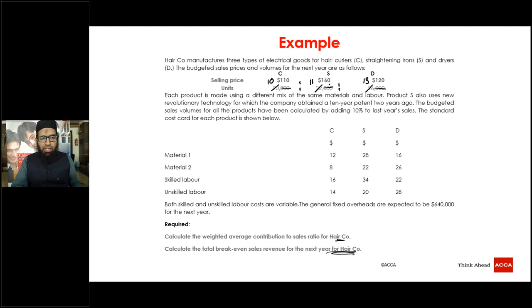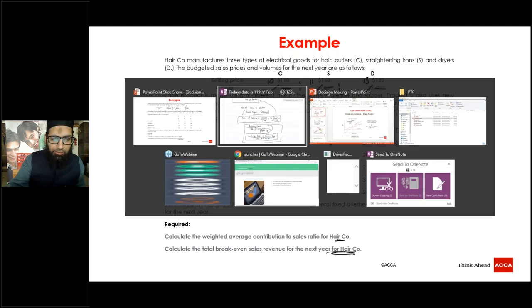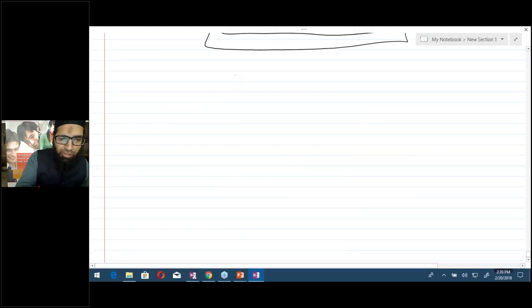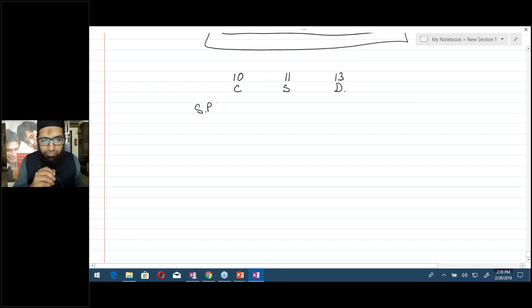Now to calculate the weighted average CS ratio, I have to calculate the selling price per mix. So let's see how we calculate that. First of all, let's write the mix. It is 10, 11 and 13. 10 is for C, 11 is for S, and 13 is for D. The selling prices are how much?